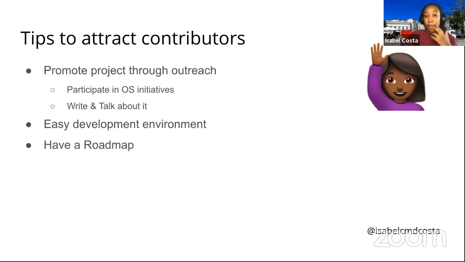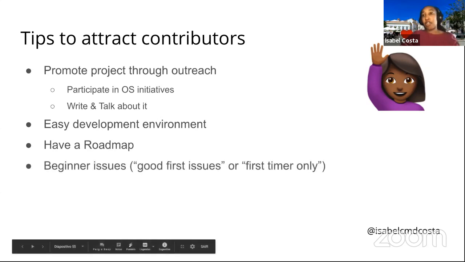By having a roadmap, you can send the signal to contributors that the project has a future, and there are things that we are working upon. Also, a lot of times I keep rejecting or accepting new features, and if I had a roadmap, people would already know, okay, this is not the direction the project is going.